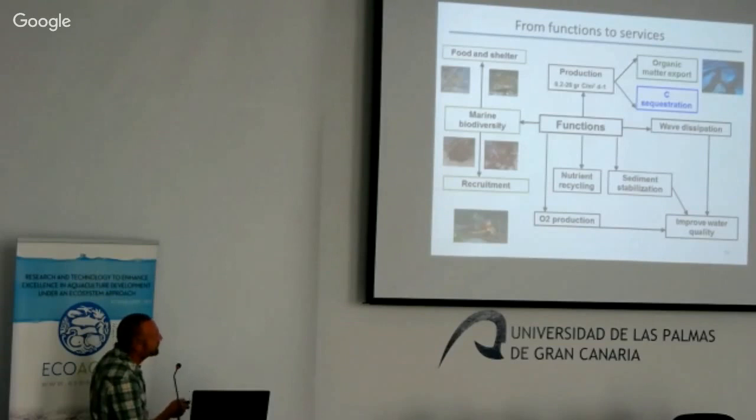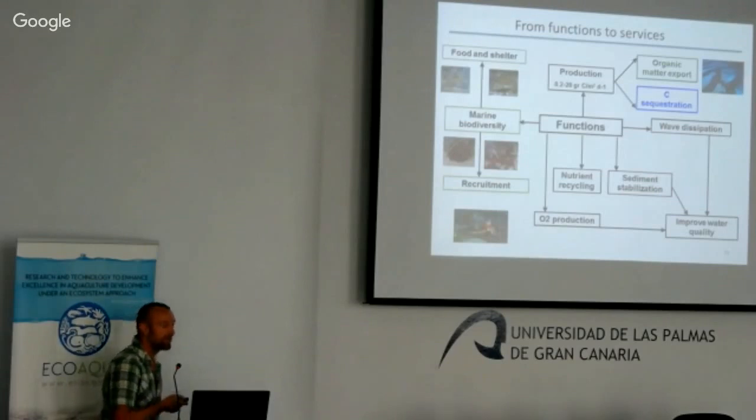They are going to produce oxygen. They are going to contribute to sediment stabilization. They are going to dissipate waves. And at the end of the day, this is going to provide a key ecosystem service, which is improved water quality. And we also know, as I said before, that seagrass meadows are going to provide food and shelter for a range of organisms, and they are also going to contribute to the recruitment of a whole range of animals.